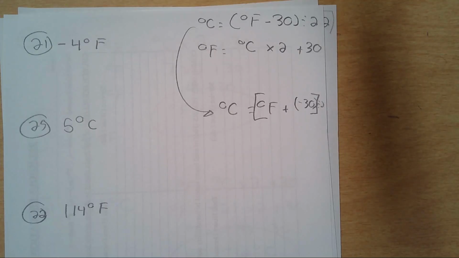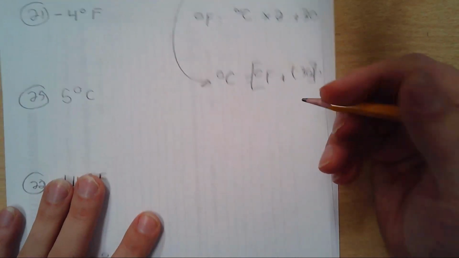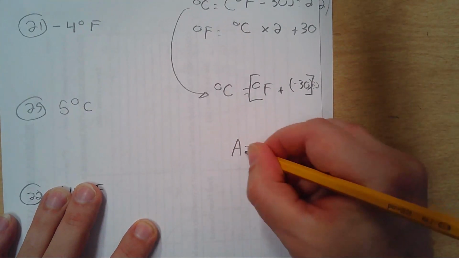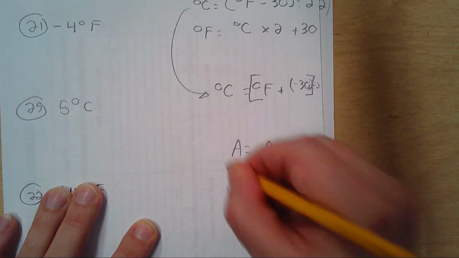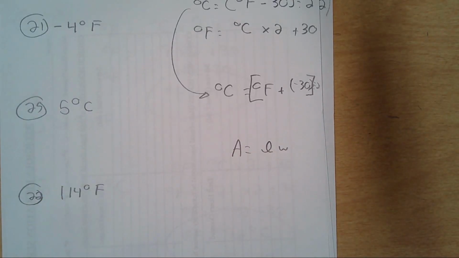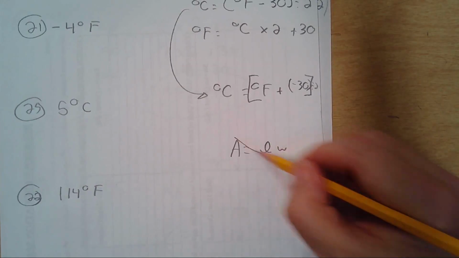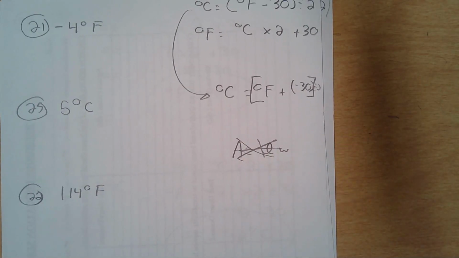The small letters are reserved for variables or different parts inside the formula. Like, if I found area of a parallelogram, length times width, the A is capitalized, that's the formula for area, but the length and width are not. Those are variables. They could be different things here. So something like this, formula based, it will be a capital letter.